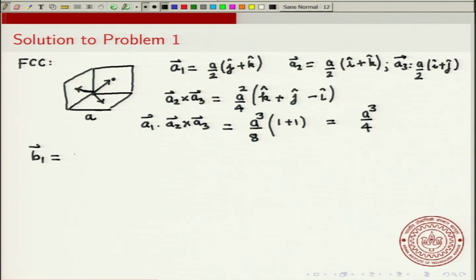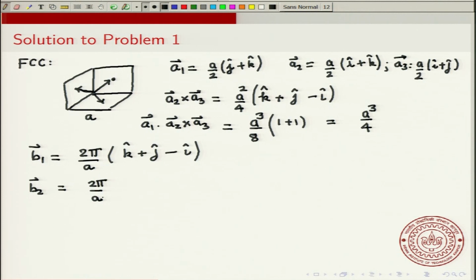Okay, so b1 will be equal to 2π/a (k + j − i), okay. And b2 is again 2π/a, and again you can just do it by permutation.